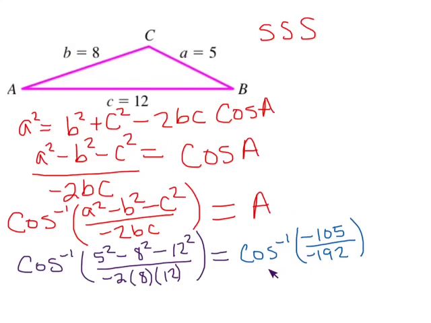So what I'm going to do next is punch this in on my calculator. If you're using the TI-84, you will hit second and then cosine, and you'll see this function appear on your calculator. Now type in 105 divided by 192. Why didn't I mention the two negatives? Because a negative divided by a negative is positive.